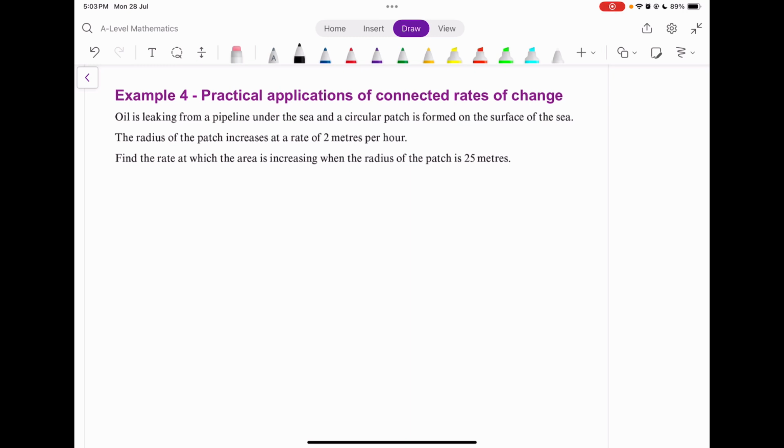Oil is leaking from the pipeline under the sea and the circular patch is formed on the surface of the sea. The radius of the patch increases at the rate of 2 meters per hour. So find the rate at which the area is increasing when the radius is 25 meters.